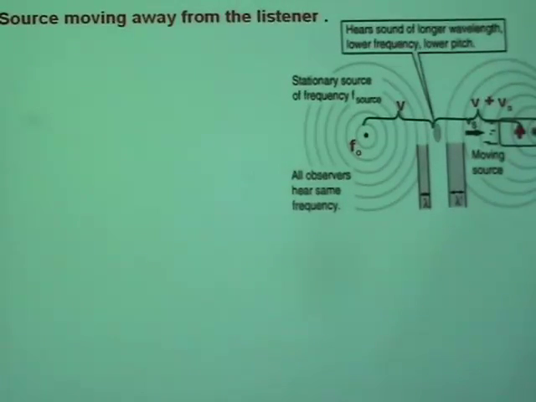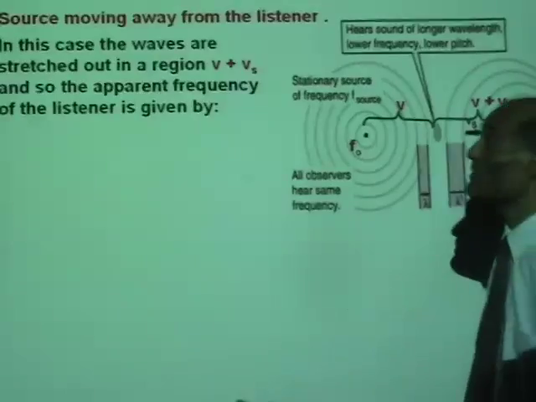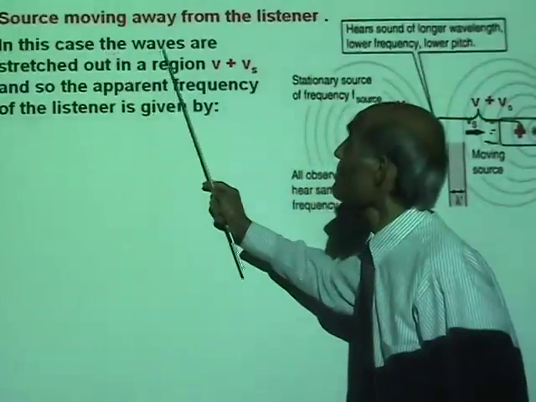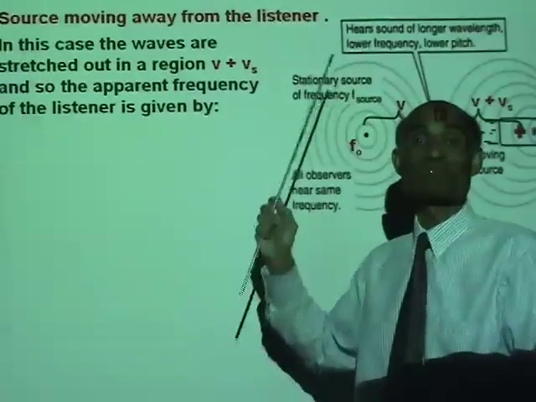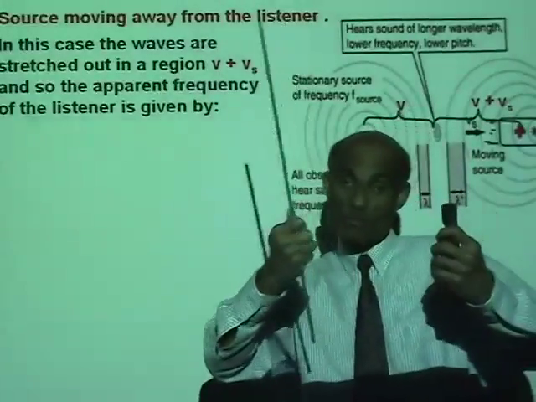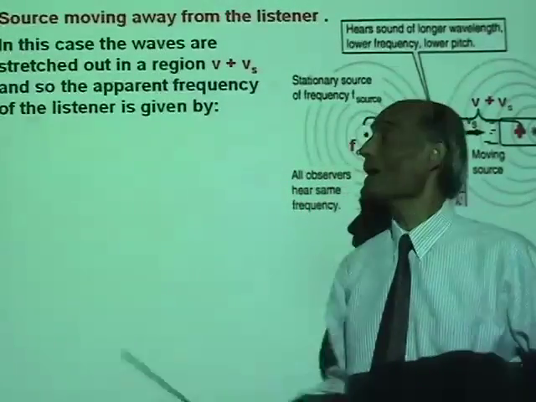Well, when the source is moving away from the listener, the waves in front of the listener get stretched. In this case, the waves are stretched out in a region V plus Vs. You see, because there is more space for the waves because the source is moved away.